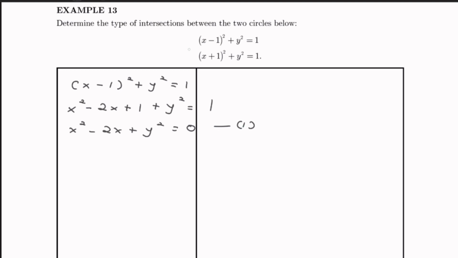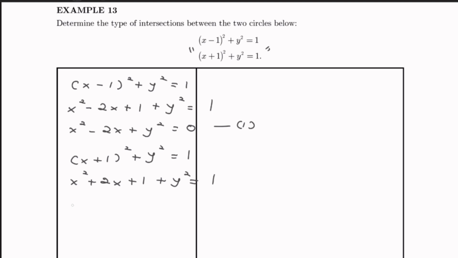Now we take the second circle equation. We have x plus 1 squared plus y squared equals 1. Expand this, we get x squared plus 2x plus 1 plus y squared equals 1.